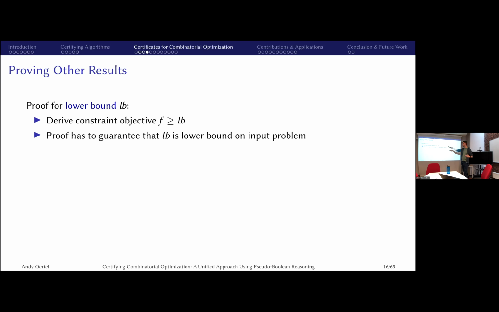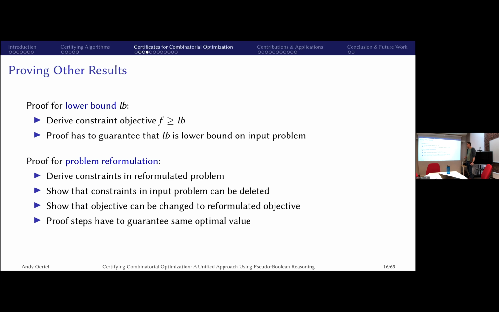Secondly, if we want to have a proof of reformulations, then the way to establish this is to derive the constraints in the reformulated problem, delete all the constraints in the original problem, and then show that the objective can be changed from the original problem to the reformulated objective.